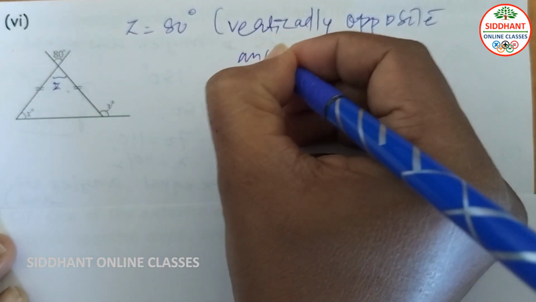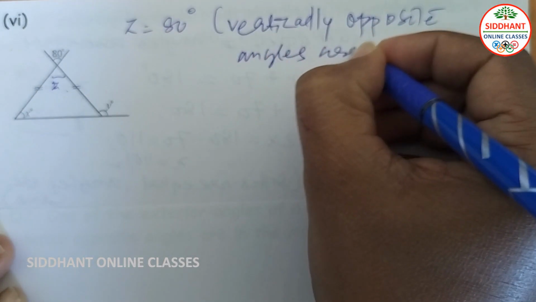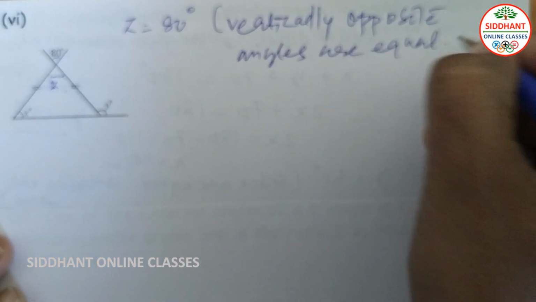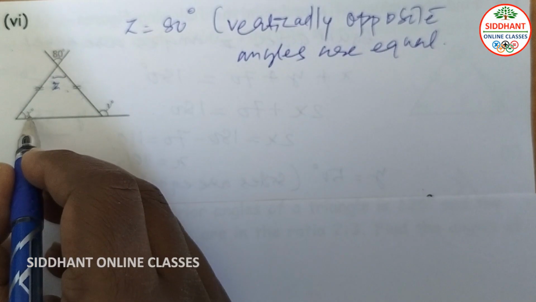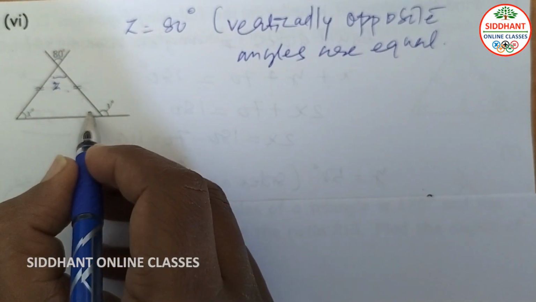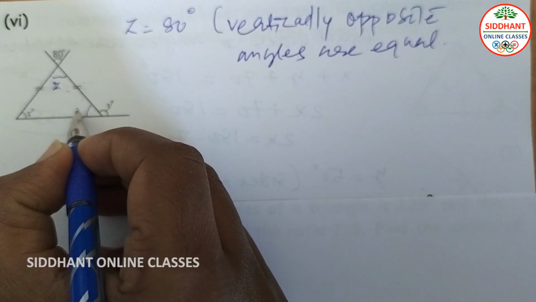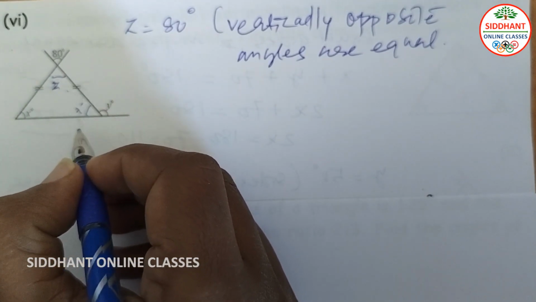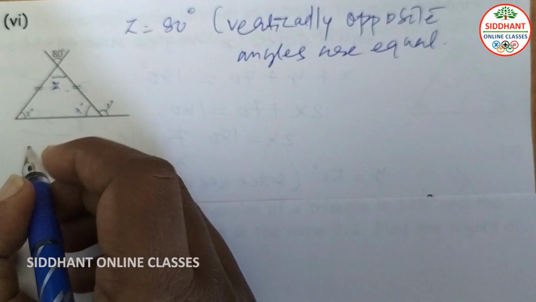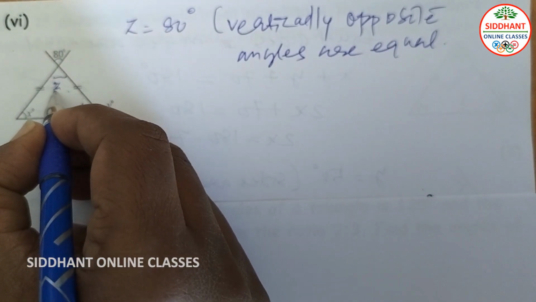Vertically opposite angles are equal. So this is 80. So this is x and this is also x, because the sides are equal, then the angles are equal. So now one angle is 80 here.